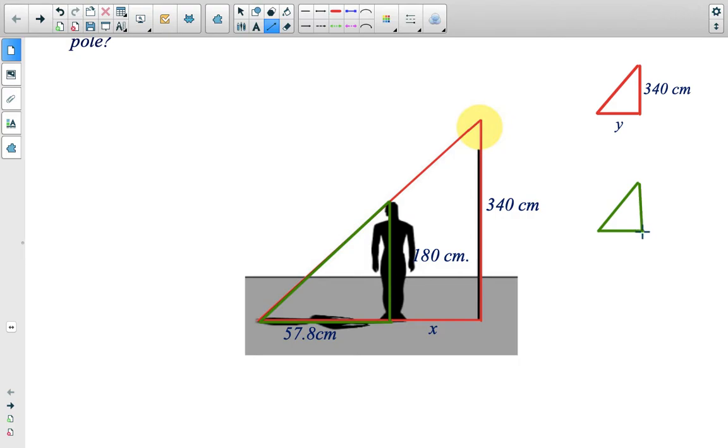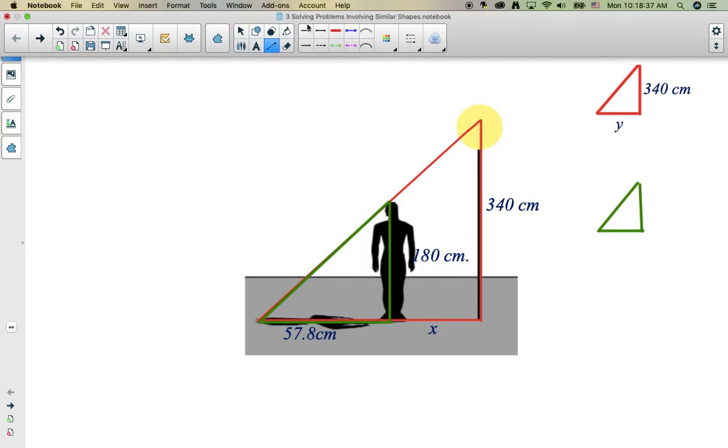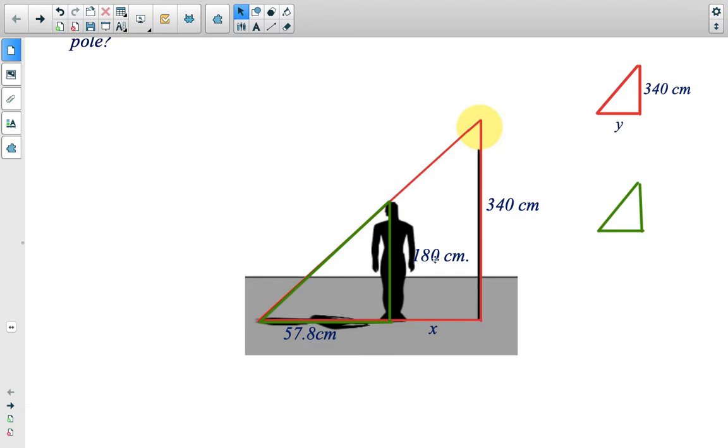So if I just draw it here, then I have 2 side lengths. I have 180 and I have the 57.8. Okay, so now that I have these 2 side lengths, this one's my big triangle, this one's my small triangle.